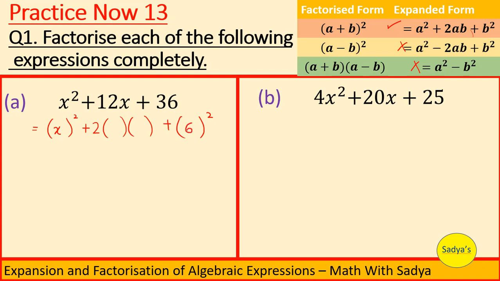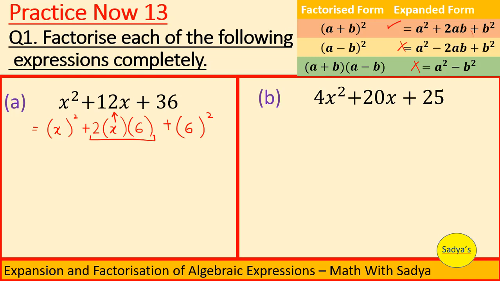It is 6. So write these two numbers in these brackets, x and 6. Now check whether these numbers when multiplied gives you 12x or not. It does. So it means we can write x squared plus 12x plus 36 as x whole squared plus 2 into x into 6 plus 6 squared.